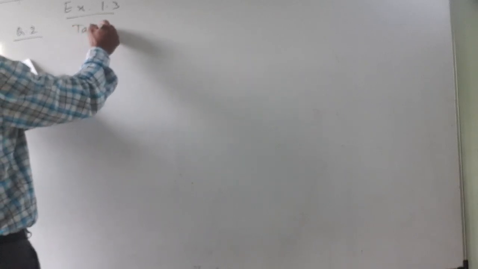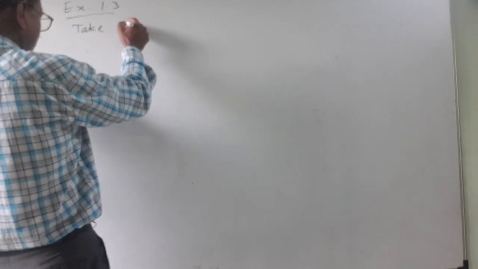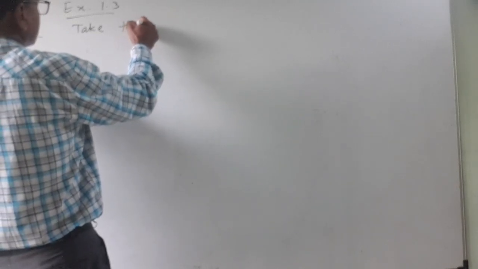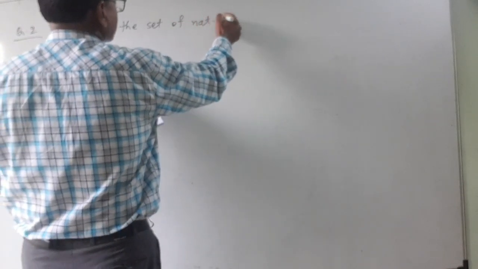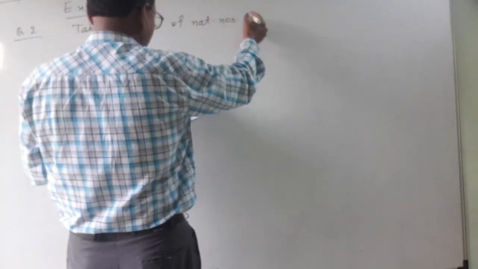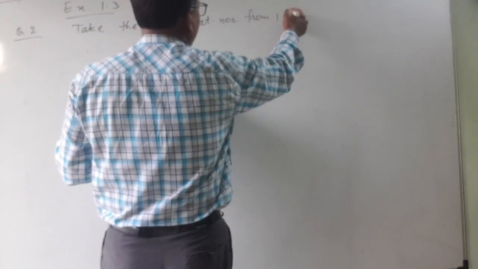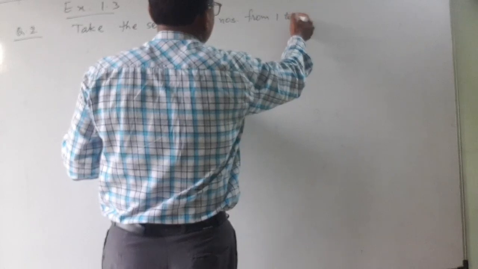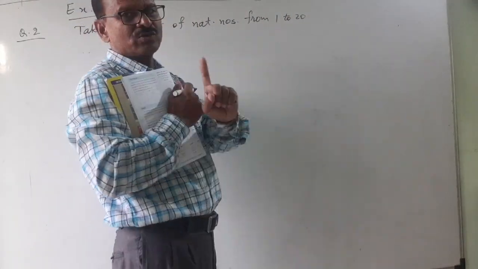Take the set of natural numbers from 1 to 20. Between 1 to 20 and from 1 to 20 have two different meanings.